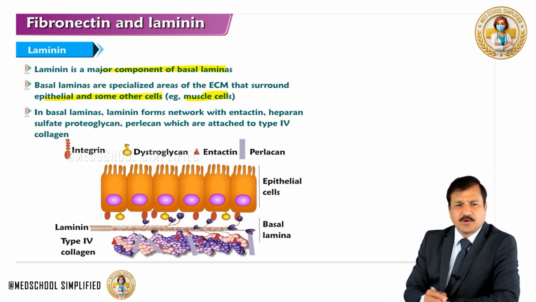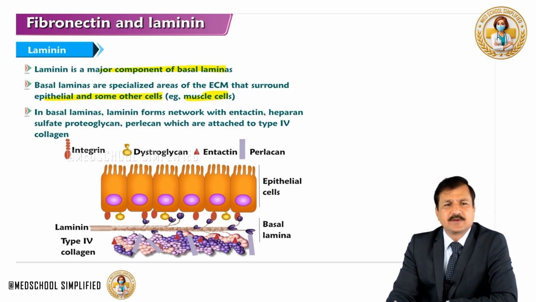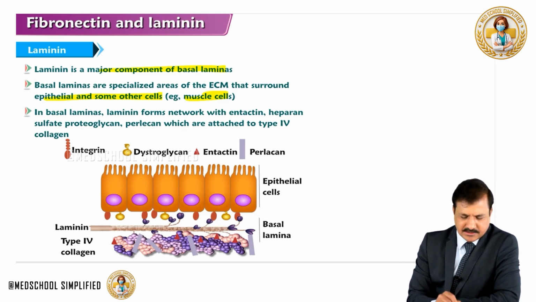So all these proteins form an interaction with the type 4 collagen molecule, and this type 4 collagen molecule further interacts with the laminin, and that interacts with the basal lamina. So in basal laminas, laminin forms a network with nidogen, heparan sulfate proteoglycan and perlecan, which are attached to type 4 collagen molecules.